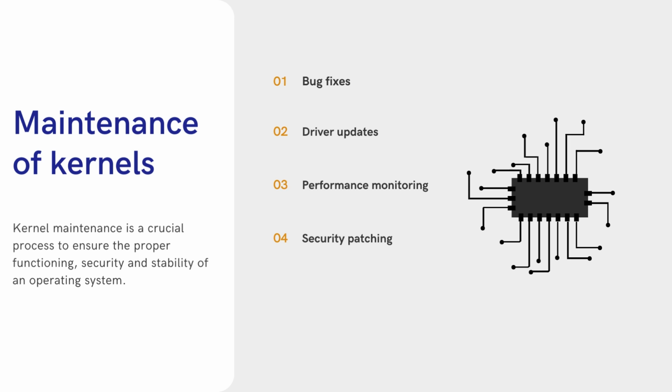Then we have the driver updates, to ensure compatibility and optimal hardware performance. And it's also important to update the operating system with security patches and releases to fix specific vulnerabilities.